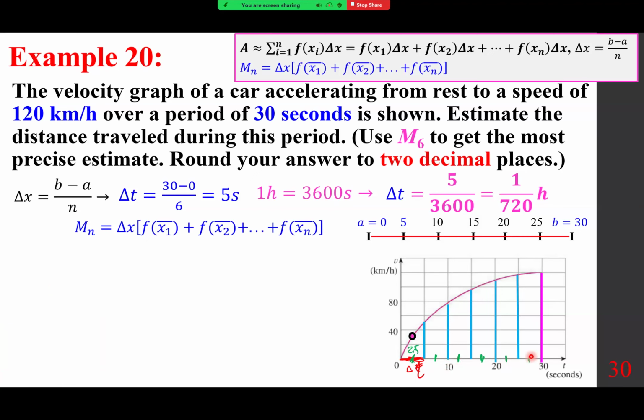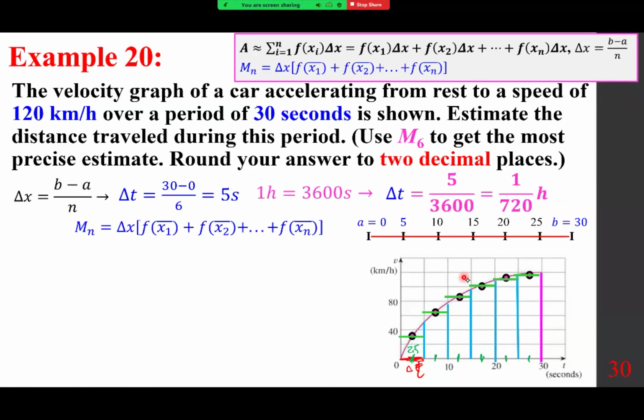That means you're interested in the height at this point, this point, this point, this point, this point. So that means you're calculating the area of this rectangle, add it to this one, this one, this one, this one, and this one. So I hope you see the rectangles.